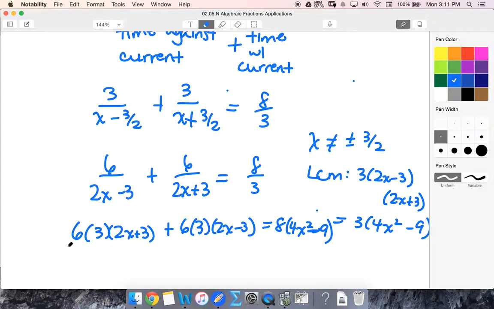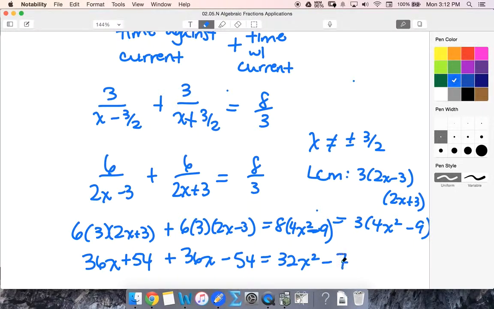All right, solving. 6 times 3 is 18, times 2, 36x, 54, 36x minus 54, equals 32x squared minus 72.